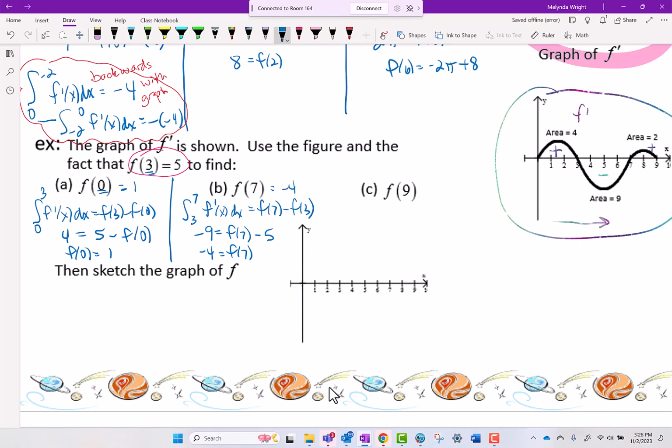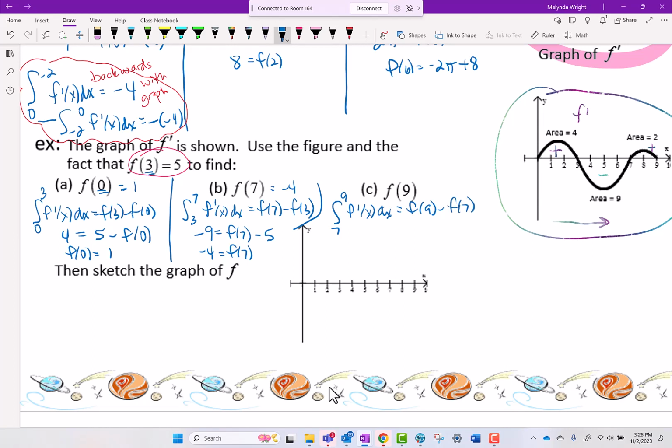All right, one more. I need to know the function value at 9. I'm going to go from 7. Are you okay with that? I'm going to go from the integral from 7 to 9 of f prime of x dx. So that's f of 9 minus f of 7.